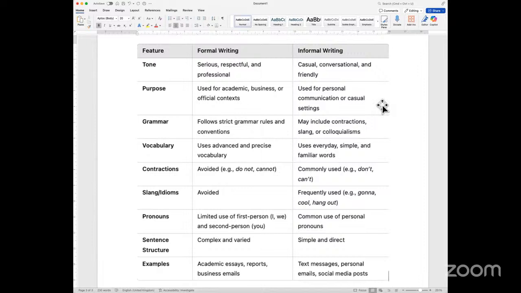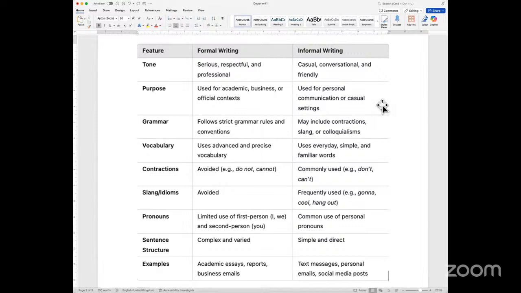If we look at this particular table, generally, formal writing tends to be serious, quite polite and respectful, and the choice of words is going to make it professional. When the style of writing is serious, polite, and in some cases uses professional vocabulary, you would generally say that the tone of writing is official and formal. The opposite of this is casual, conversational, and friendly.